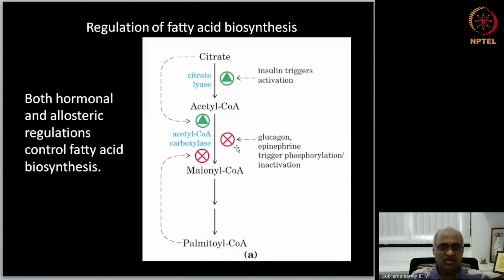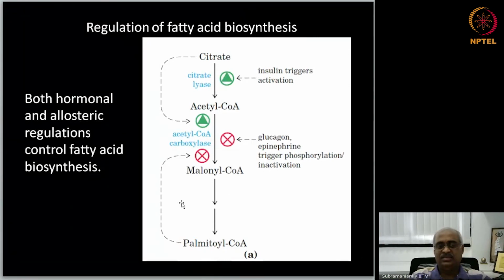So acetyl-CoA carboxylase is subject to covalent modification, that is dephosphorylation stimulated by insulin, and phosphorylation stimulated by glucagon and epinephrine, which respectively activate and deactivate it. That is the covalent modification.